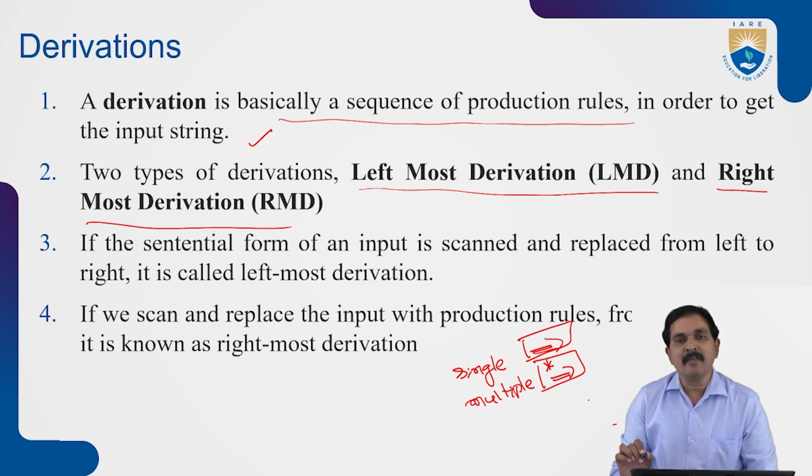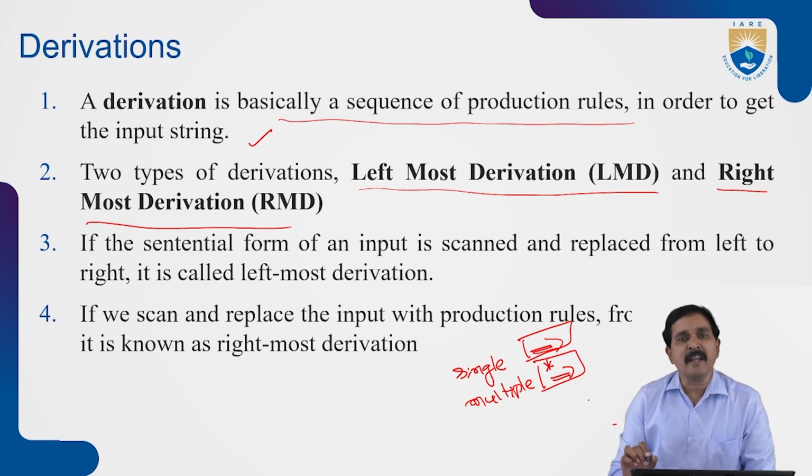Means at every step of the derivation, we replace the leftmost non-terminal only. Hence, it is called leftmost derivation. Or simply, the replacement of strings at every step of the derivation is done in the direction from left to right. That is called leftmost derivation.